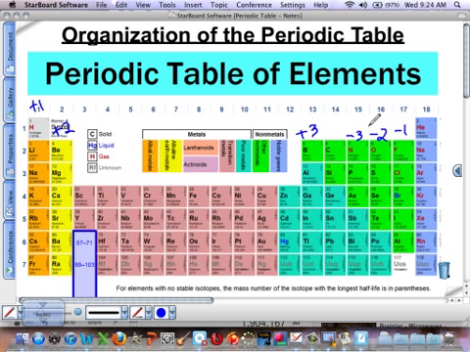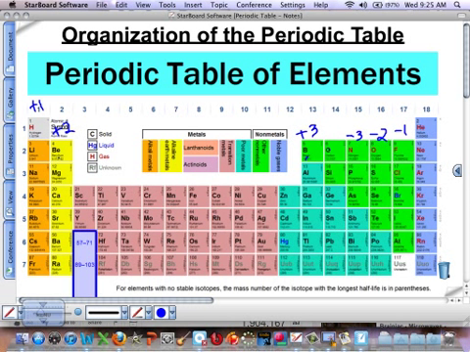And then finally we have carbon. The problem with carbon, remember: how many electrons does carbon want in its outer shell? How many total? 8. If we look at carbon, count across the row to see how many it has right now: 1, 2, 3, 4.